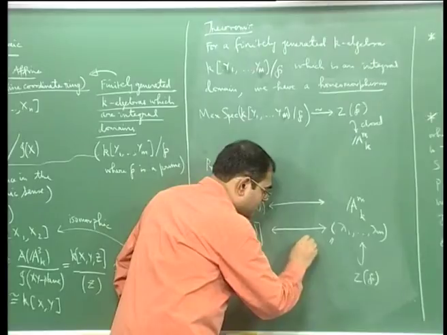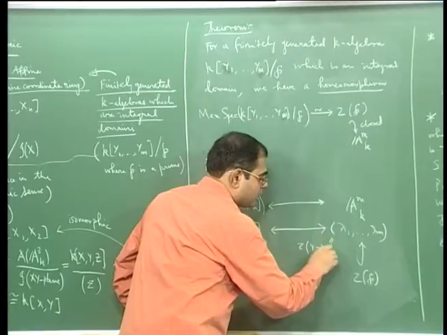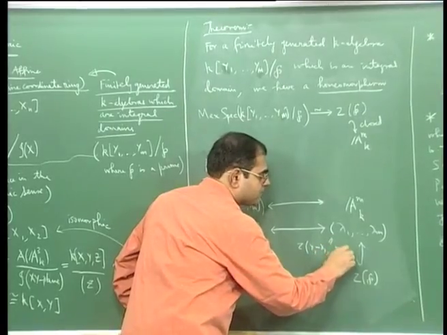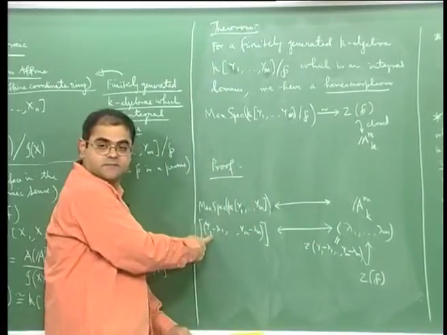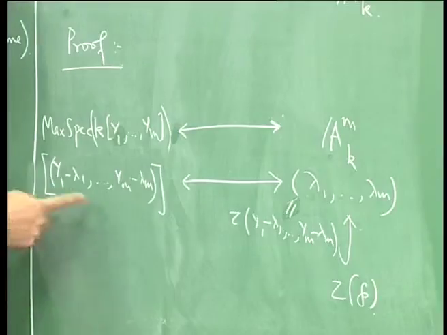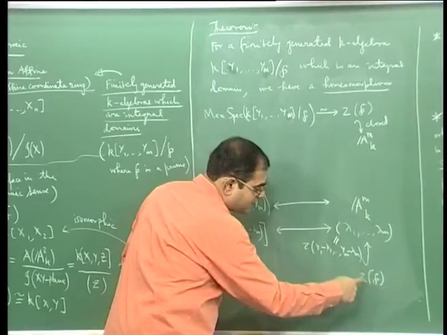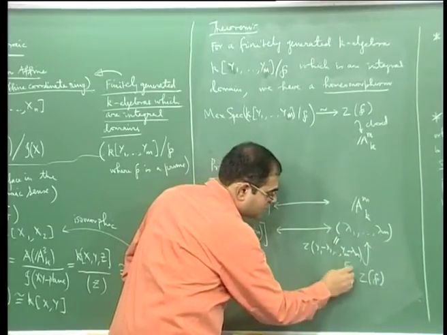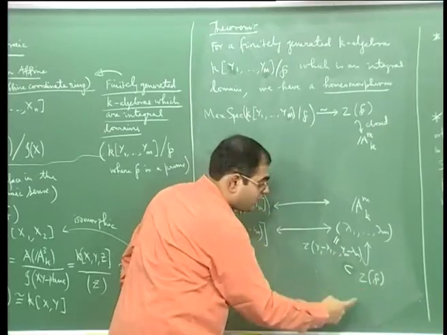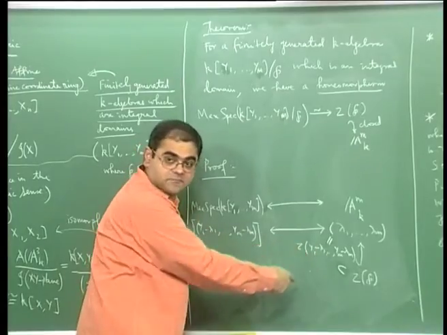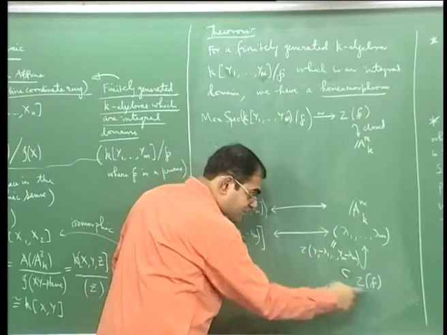This is Z of (y1 minus lambda 1, ..., ym minus lambda m). This is just the zero set of this maximal ideal. And Z of this is a subset of Z of P if and only if P is inside this maximal ideal, in other words, if and only if this maximal ideal contains P.